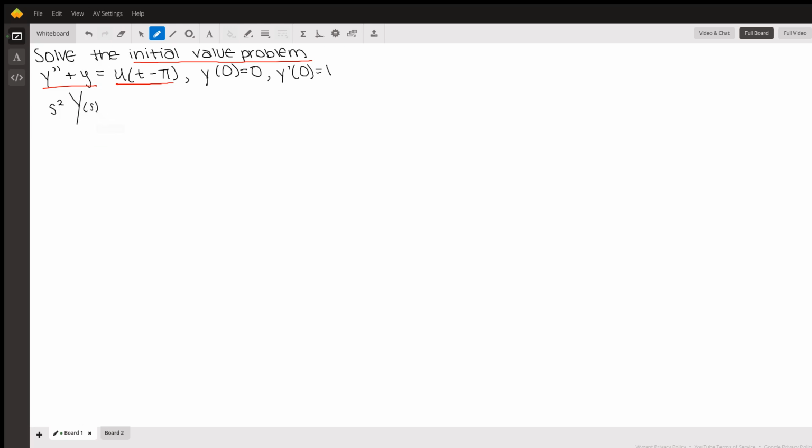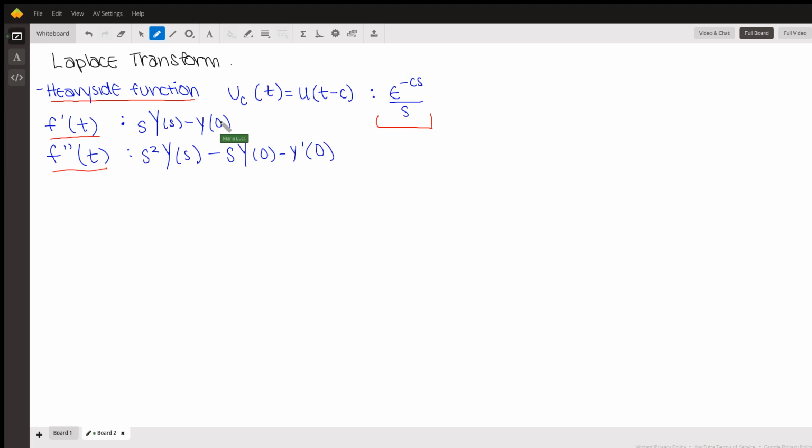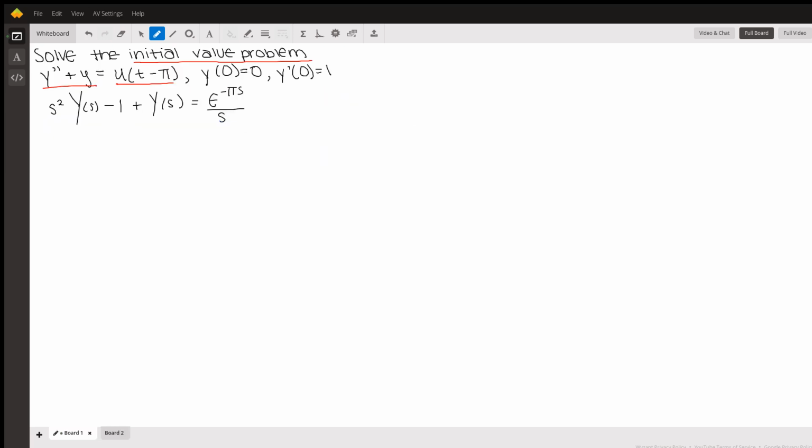Some people write F of s or F of t, whatever your notation is. I usually just do capital Y of s. So plus Y of s equals e to the negative pi s over s. And that's just the Laplace transform of this function, given these initial conditions.